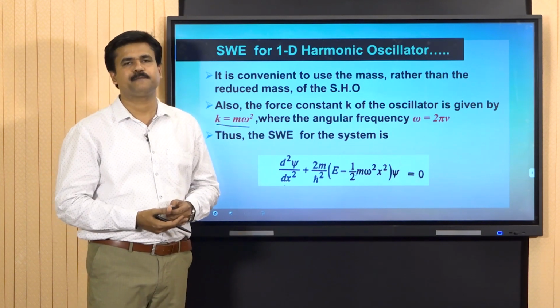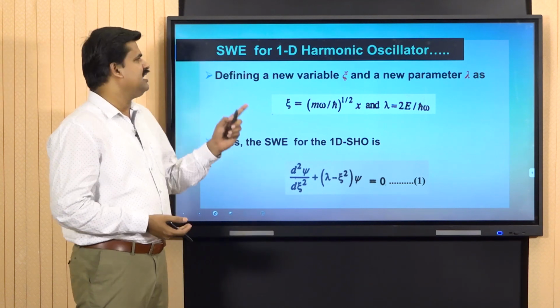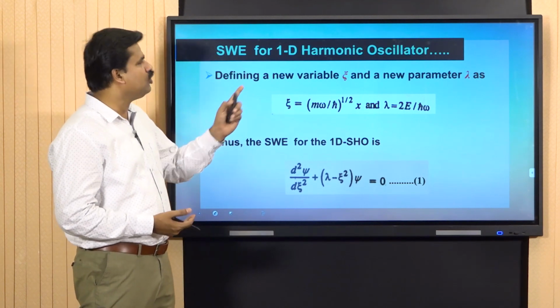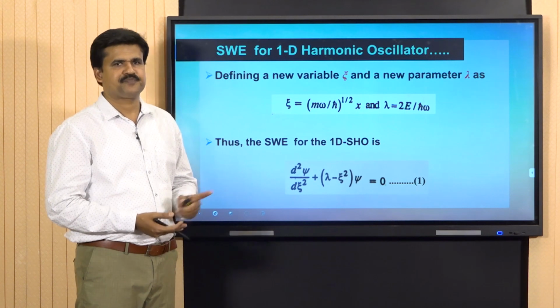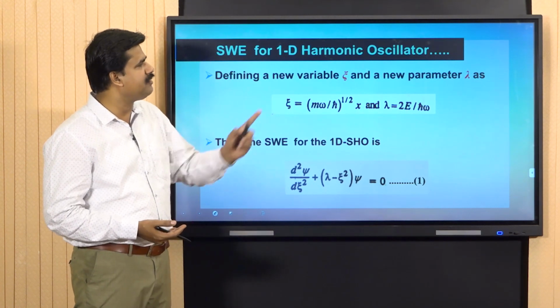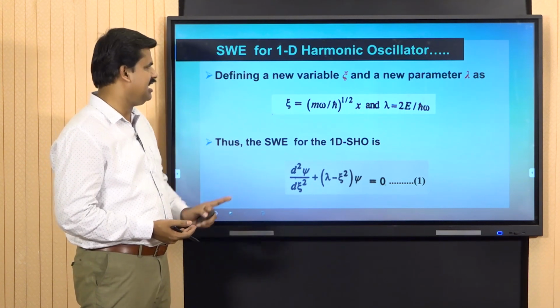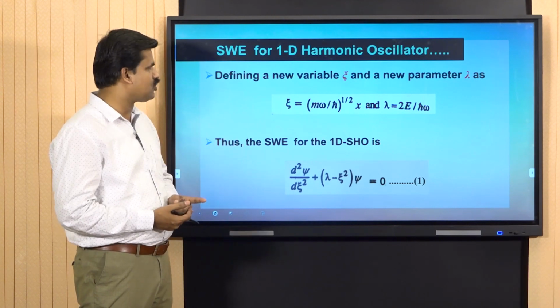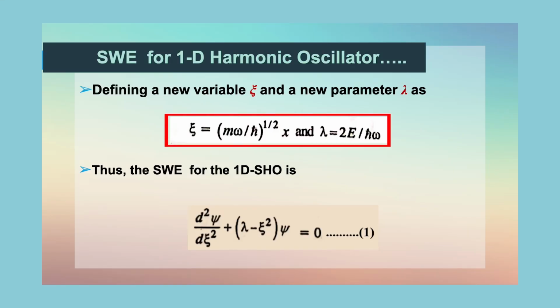Now, defining a new variable xi and a new parameter lambda, xi is equal to m omega by h cross the whole raised to 1 by 2 times x, and the new parameter lambda is equal to 2E divided by h cross omega.